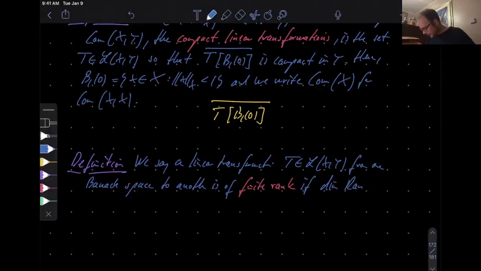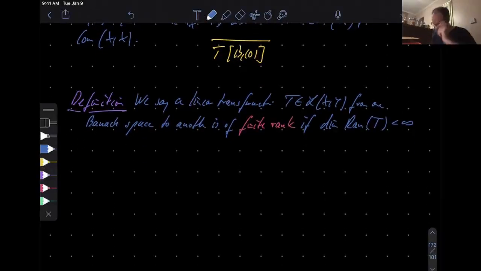The range is a subspace, so a vector space in its own right, and if it has a finite dimension, as defined in linear algebra, then you call T a finite rank linear transformation.